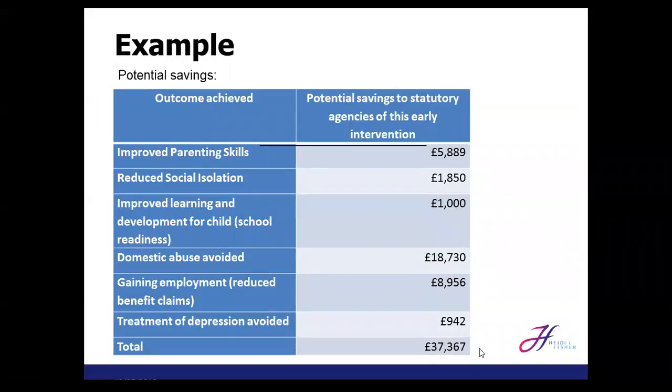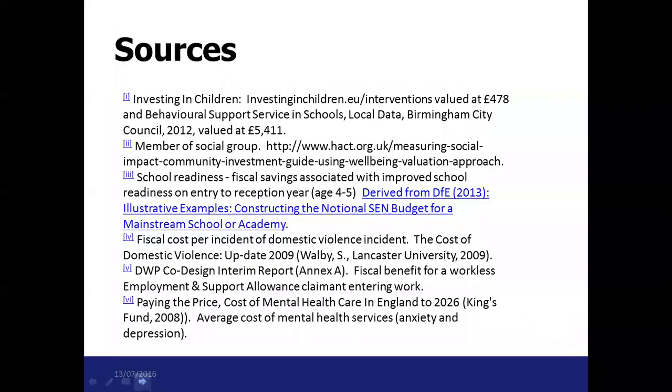So if I take you to the next page, you'll see all the sources of where this information is. So what you've got is all the sources of where this data has originally come from.